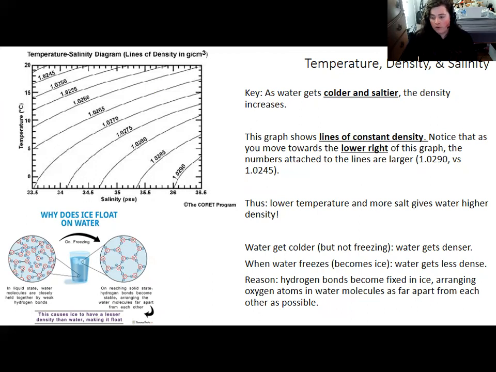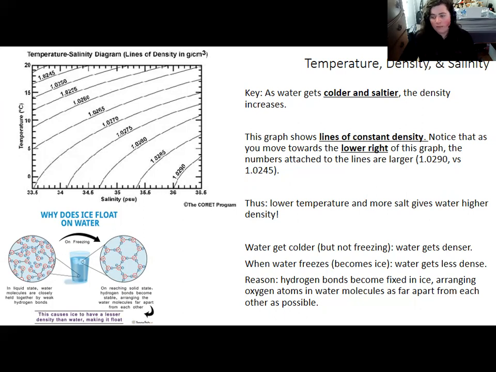Now, in liquid water, the hydrogen bonds, which are the weak bonds between the partially positive hydrogen of one water molecule and the partially negative oxygen of a separate water molecule, tend to be very weak and very fleeting. They tend to last only a few seconds because in a liquid, the molecules are moving around a lot more.